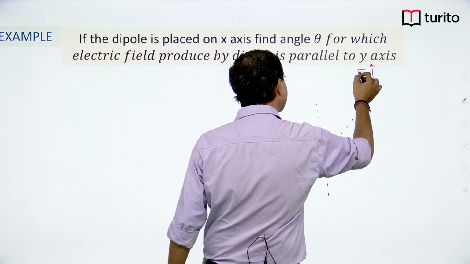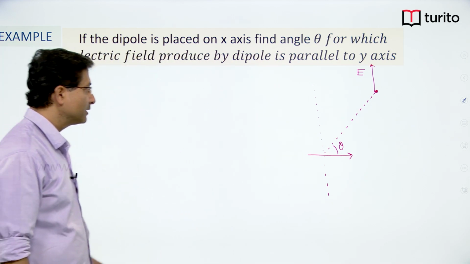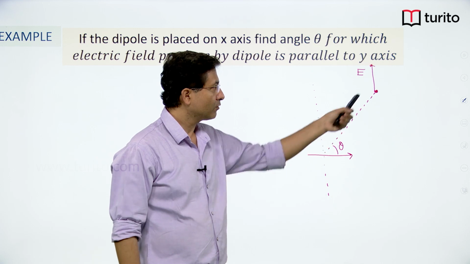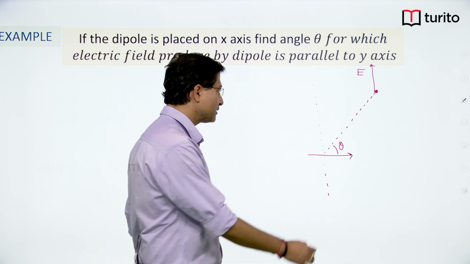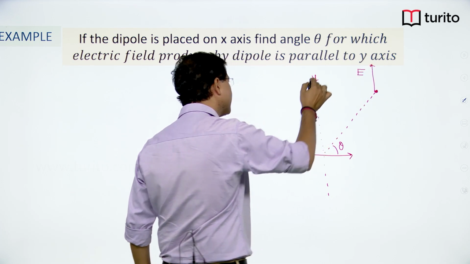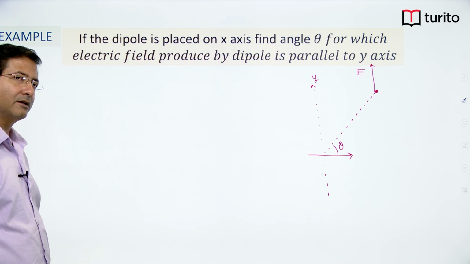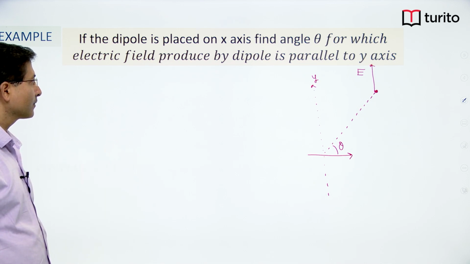I want the net field in this direction, right. So what should this angle be for this to happen? The dipole is placed on the x-axis, but the field is parallel to the y-axis. At what angle will this happen? That I need to find out, right.